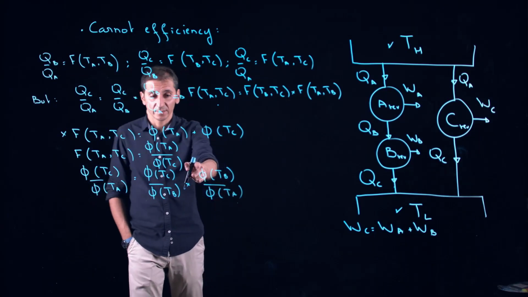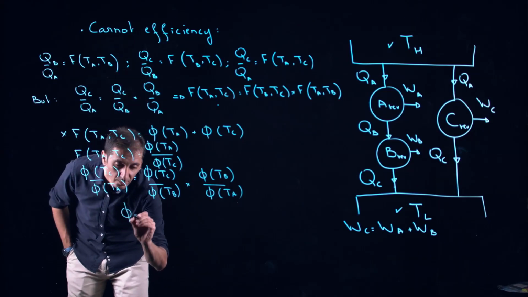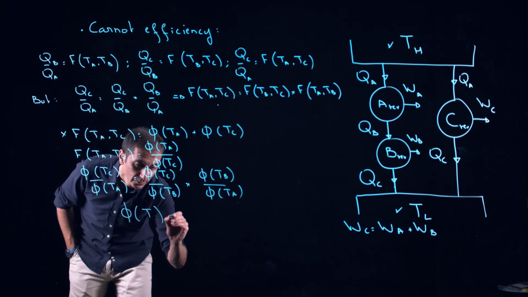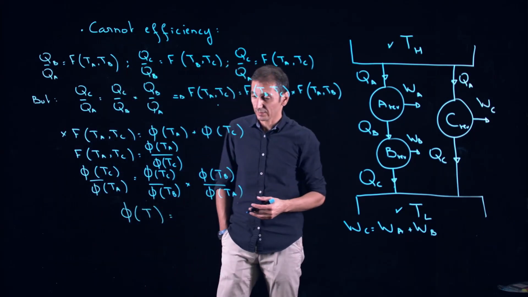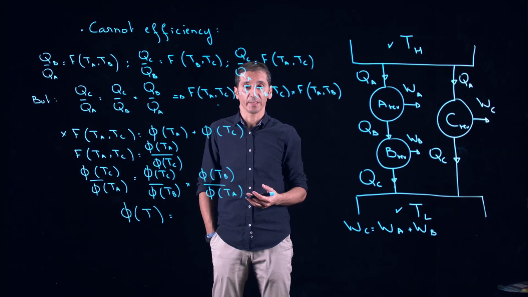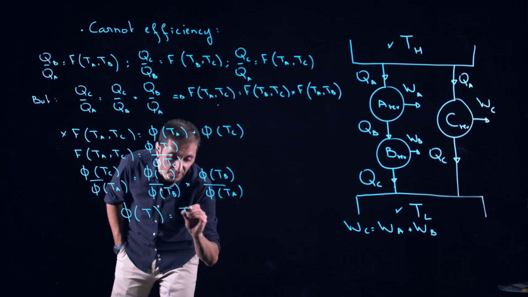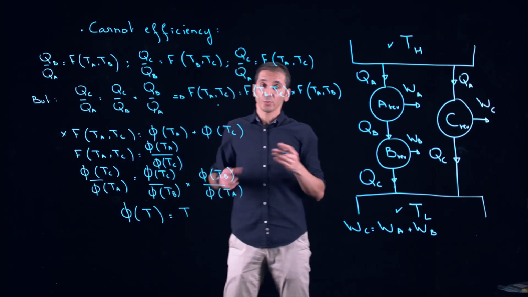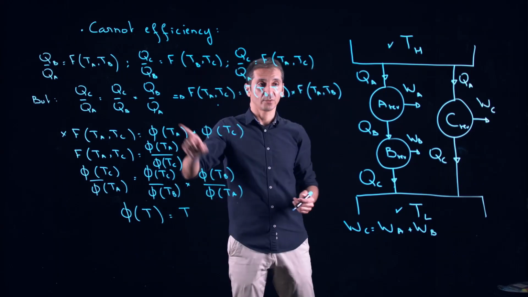Now we have to select this function phi of t, and the simplest one obviously, and this is what Kelvin decided to pick, is that phi of t is simply equal to T, the temperature. You can pick other functions that will fulfill this condition, okay?